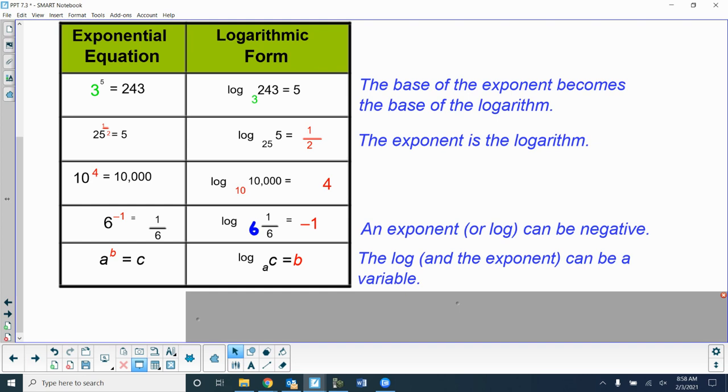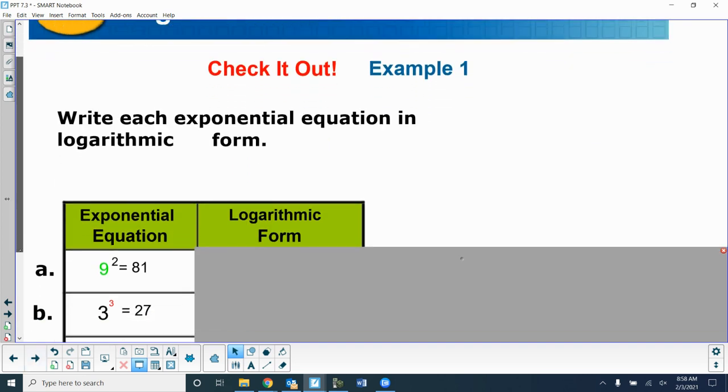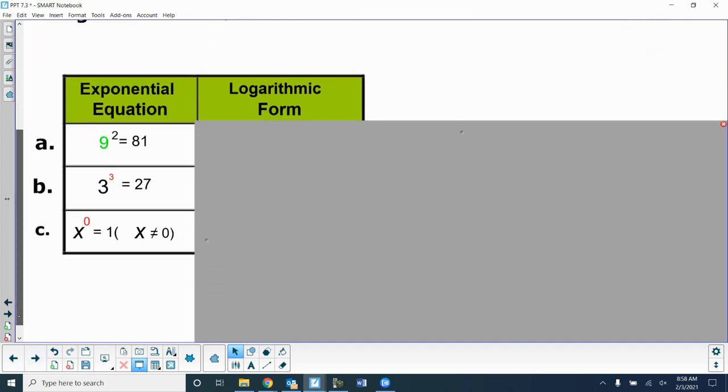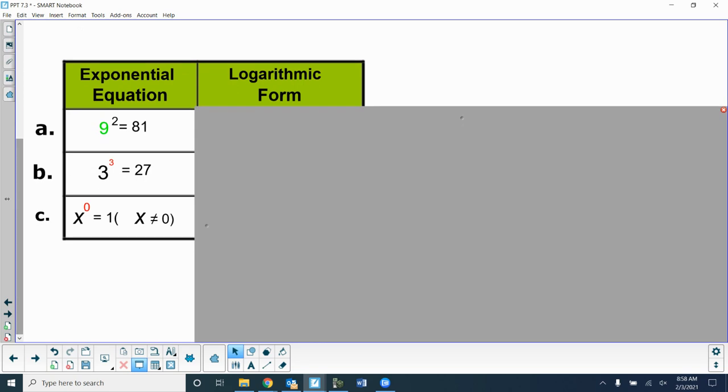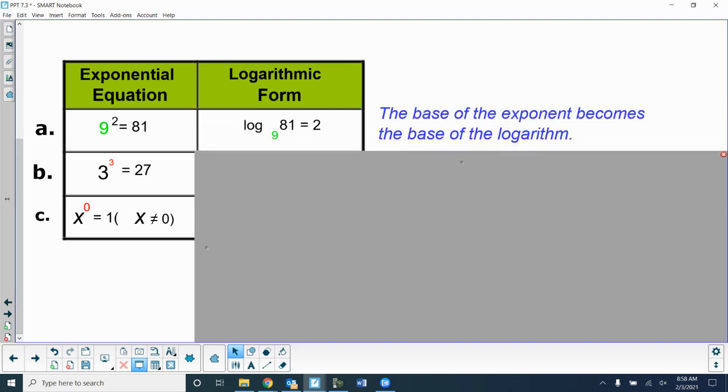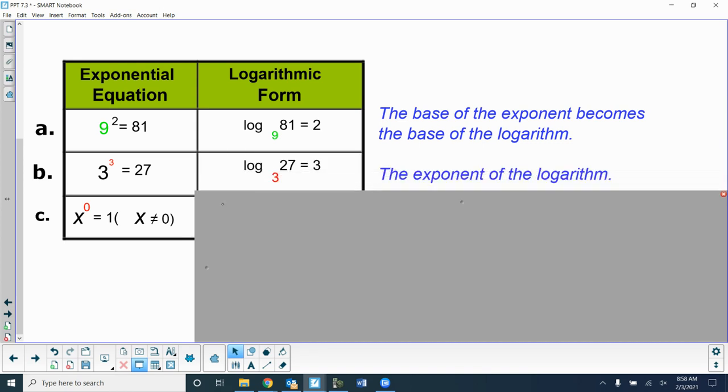Questions so far? Evan, go ahead. Log base 9 of 81 equals 2. Good. Andrew? Log base 3 of 27 is equal to 3. Good. Grace?